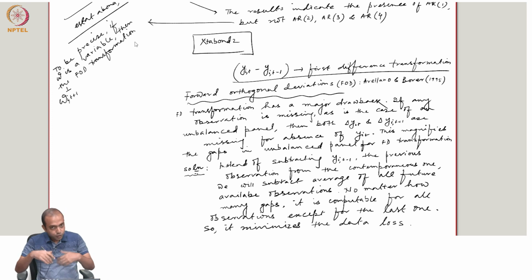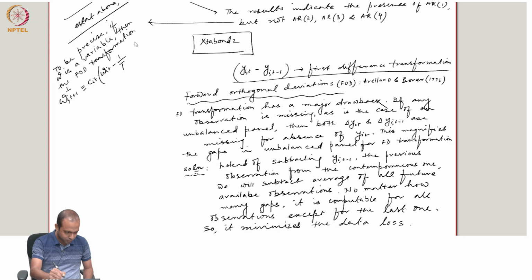This is called FOD transformation, which is nothing but what I am doing, c_it into (w_it minus 1 by capital T_it) into the sum of w_is, where small s is basically greater than t.